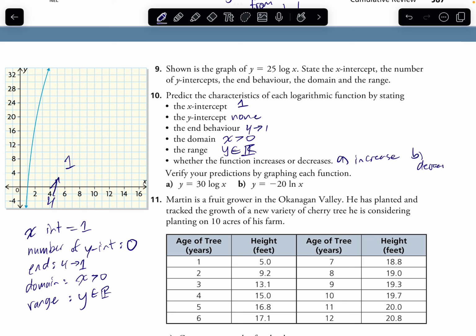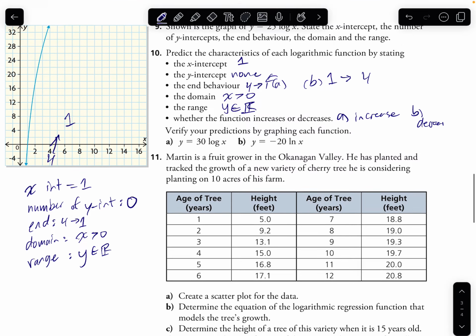This one, that's A, and then B will be from 1 to 4. Is there anything else that changes?